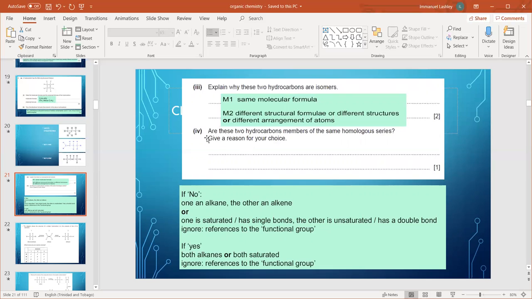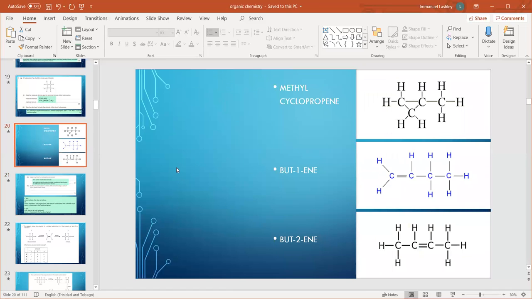So part 4, are these two hydrocarbons members of the same homologous series? Give a reason for your answer. Now, it depends on which ones you choose. If we choose but-1-ene and but-2-ene, yes, they would belong to the same homologous series, which is alkenes. But if we had chosen the methylcyclopropane, then that would not have been an alkene, that would have been an alkane.